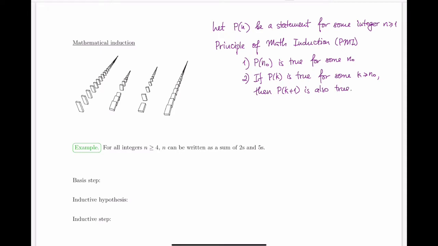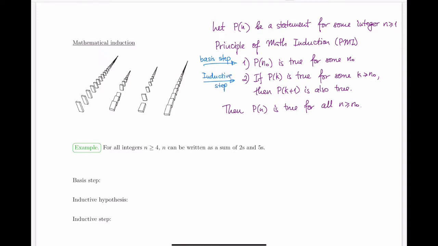If we can prove both of these assertions, then we have proven that P of n is true for all n greater or equal than our original small value. So if this is the case, then P of n is true for all n greater or equal than n naught. This first step we're going to call a basis step, and the second step is going to be called the inductive step.